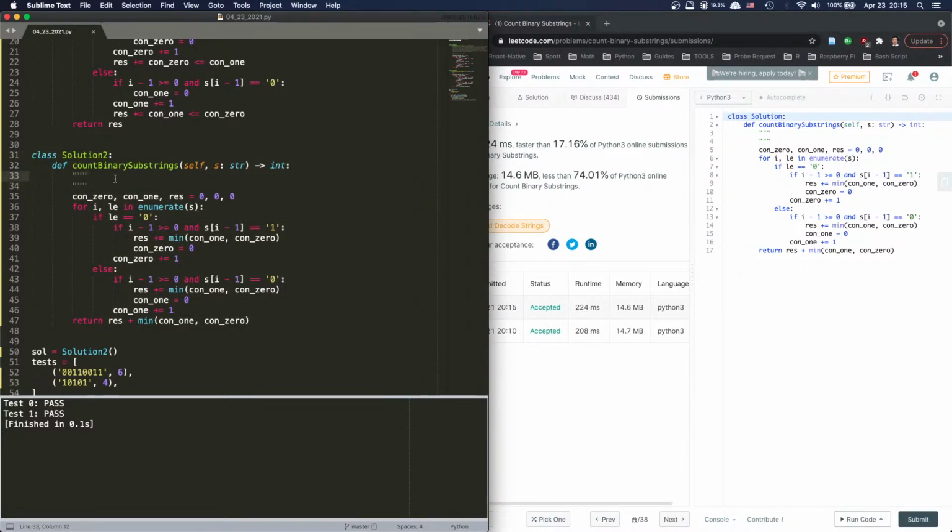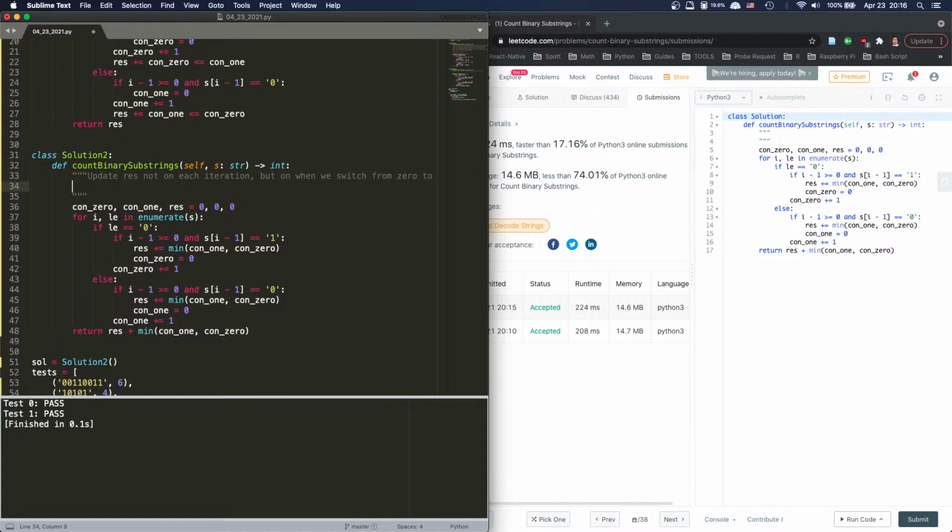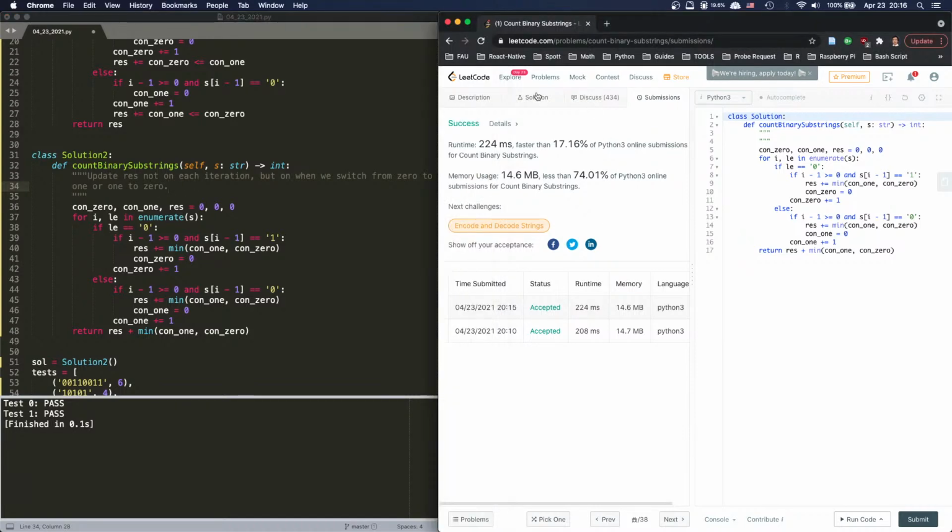Anyway, so this one updates the result not on each iteration, but when we switch from 0 to 1 or 1 to 0 on consecutive switch. I'll just do this. That's fine. All right, let's go to the solution.